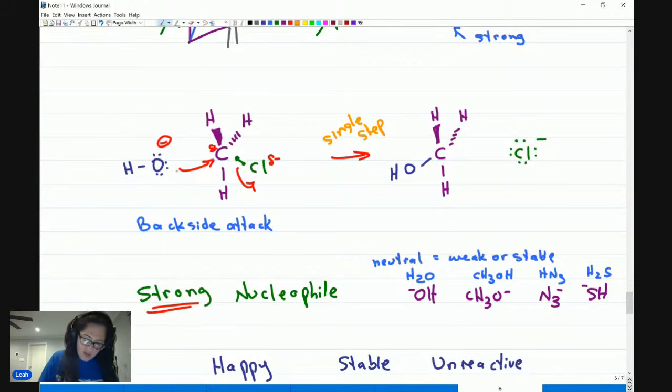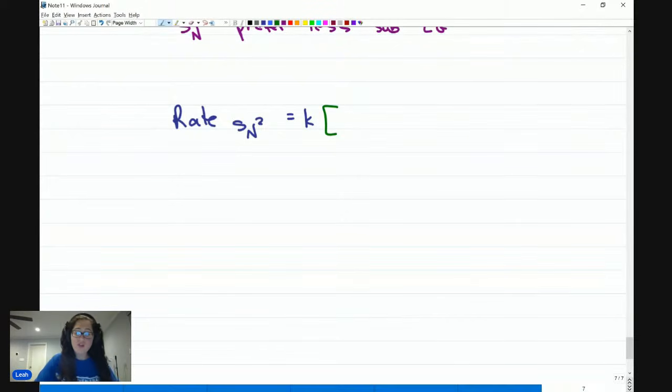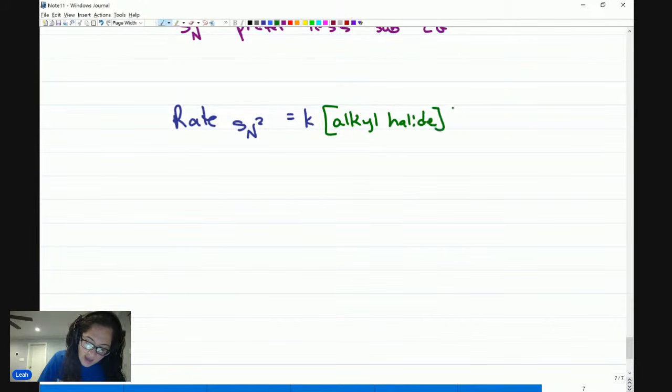However, what we do have to consider is now, if two things are in the only step, the rate determining step, then the rate law for this reaction has to account for them both. So the rate of an SN2 reaction is equal to some constant K that we don't care about because it changes for each reaction, times the concentration of the molecule that has the leaving group, we'll call that the alkyl chain or the alkyl halide, times the concentration of the attacking nucleophile, and that gives us our rate for this reaction.